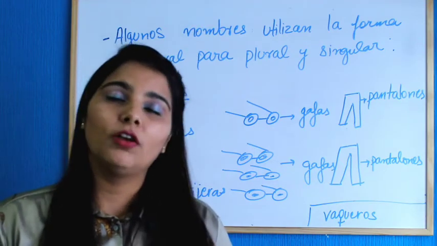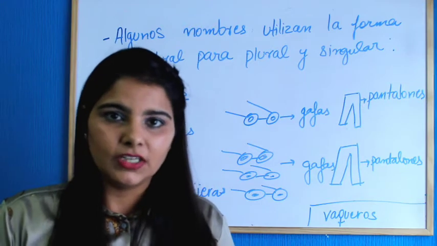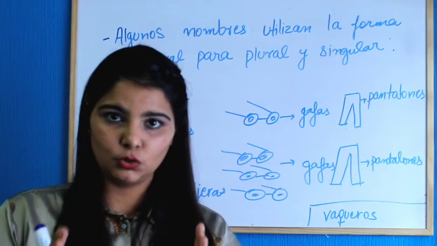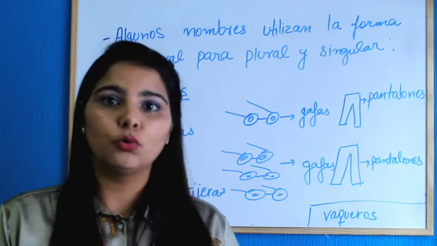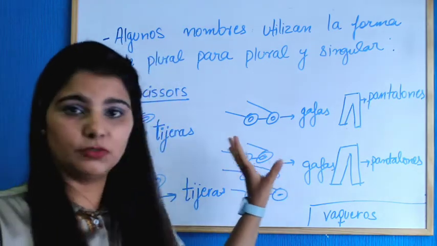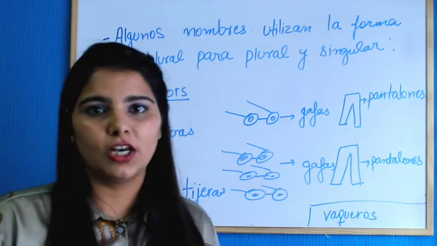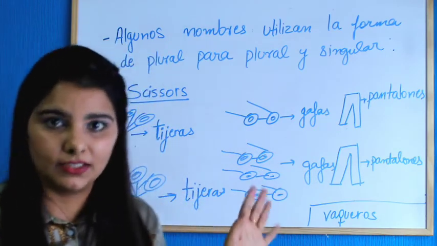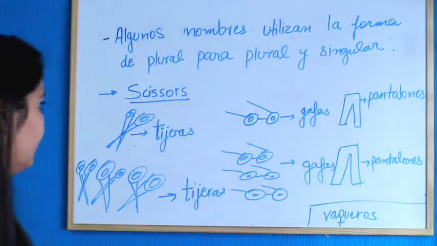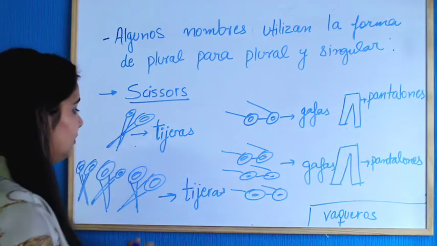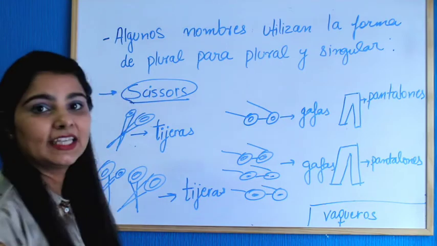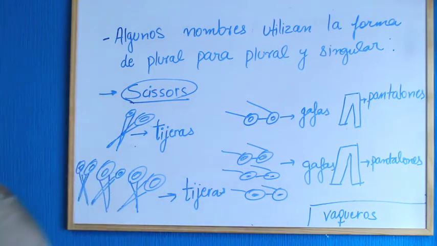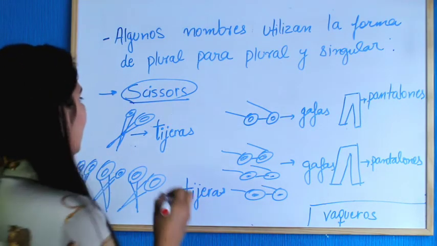For example, we always say jeans and we never say jean because it always has two legs and it's a couple of things. So it's always in the plural form. I guess it comes from there only and it's quite logical and you really don't have to cram something in this case. Okay? So for example, scissors in Spanish is tijeras, or I would rather say las tijeras.